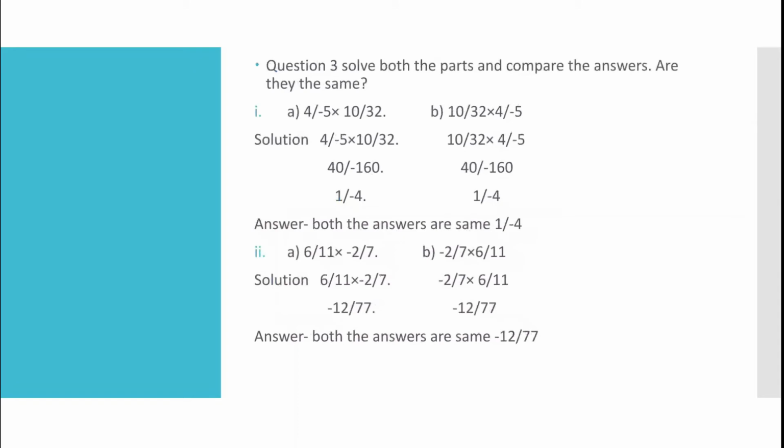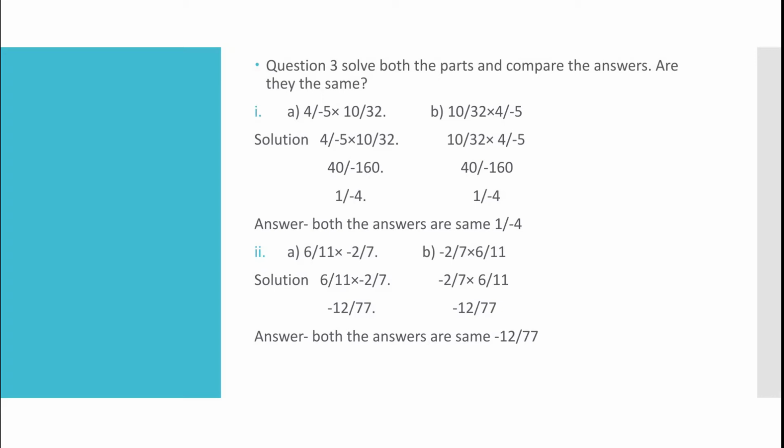Now question number 3, solve both the parts and compare the answers. Are they the same? Here again we have to compare the A and B parts and mention whether they are the same or not. Question number 1, A, 4 divided by minus 5 into 10 divided by 32. Here you just have to multiply numerator to numerator and denominator to denominator.